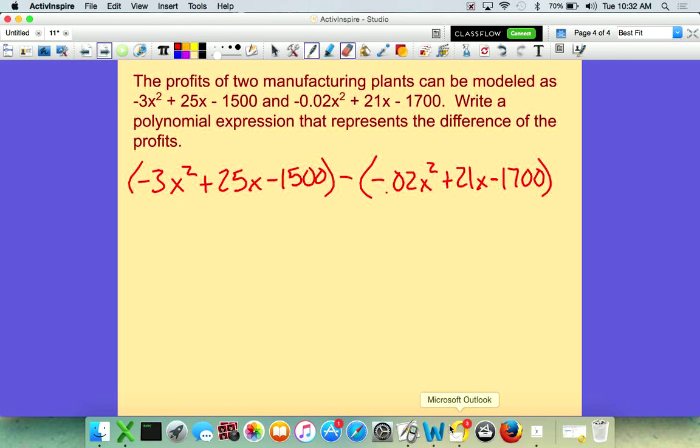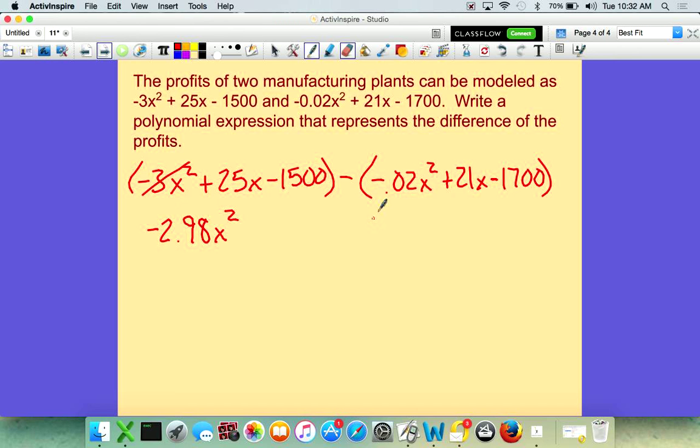All right, and then we just got to subtract those the way that we did on the last page. All right, negative 3x squared minus a negative 0.02x squared, a minus and a minus make a plus. So a negative 3 plus 0.02, that would be negative 2.98x squared.